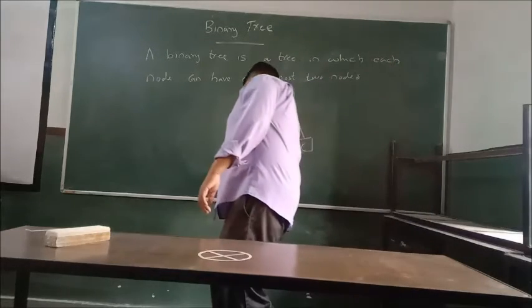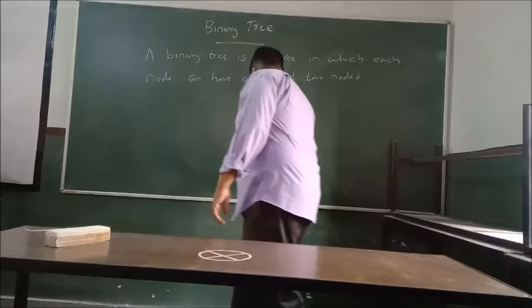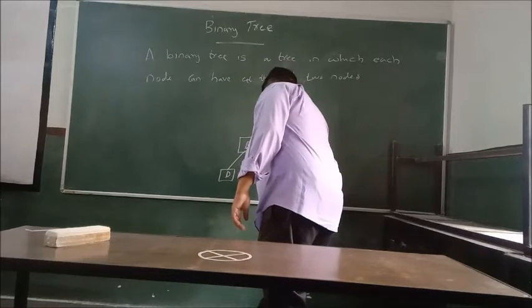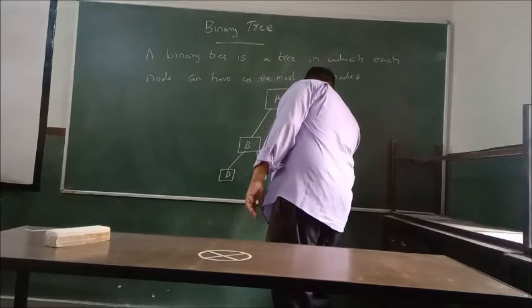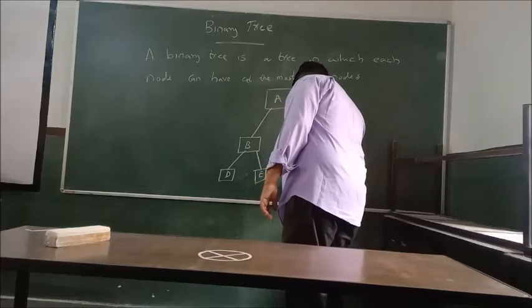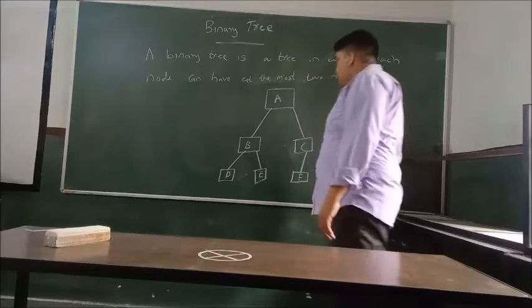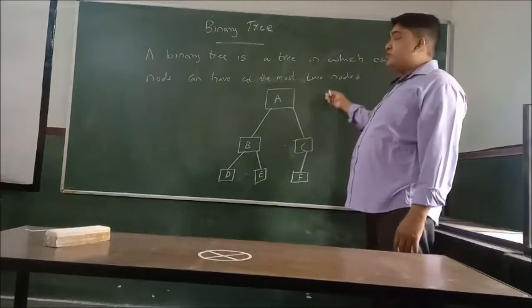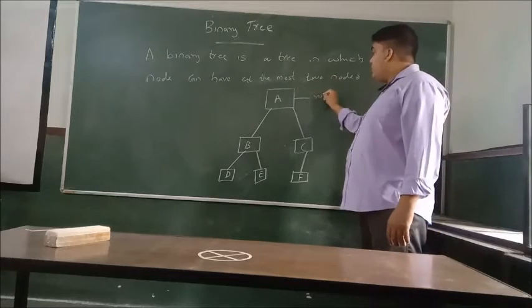And we have D and we have E. So this is a binary tree because as per the definition, A is the root.